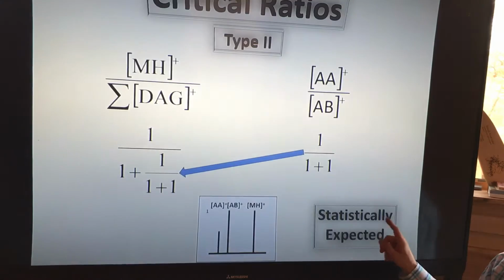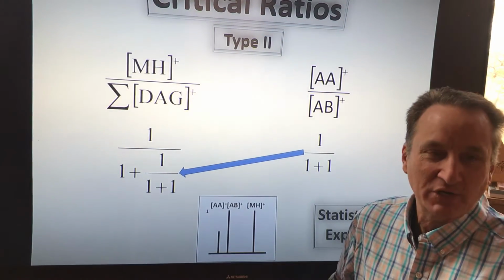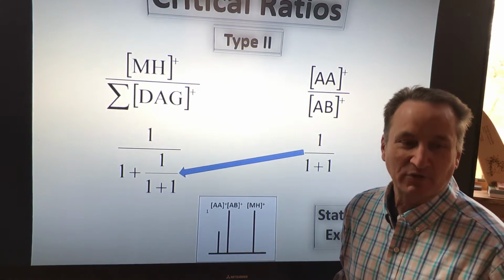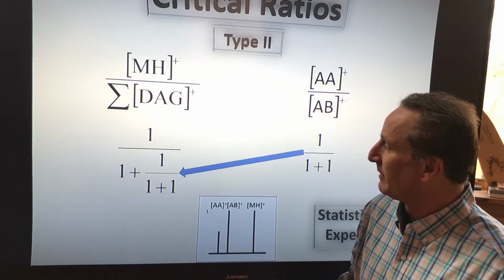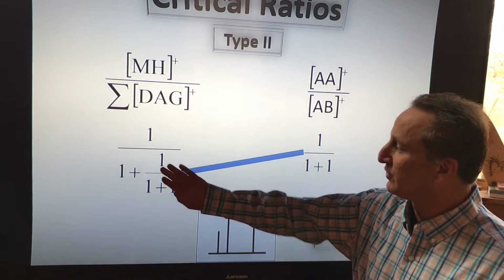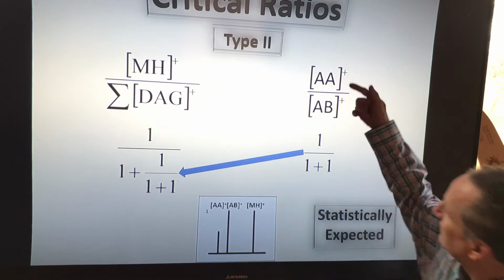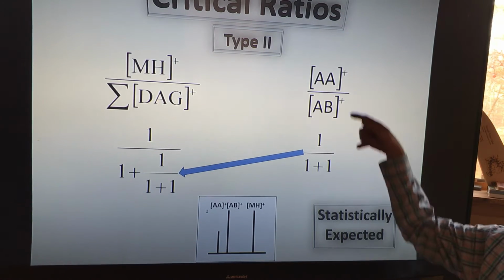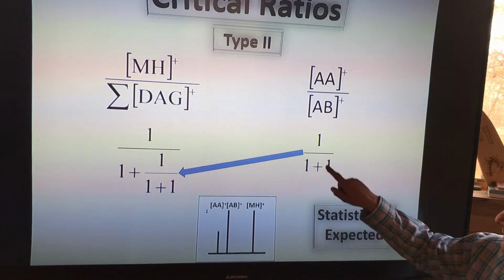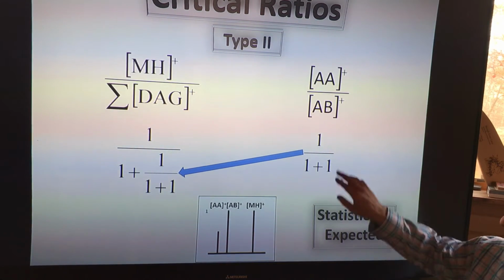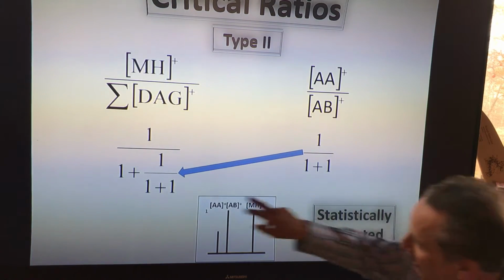All right, so what those equations doing mass spectrometry of DAGs and TAGs told me is that you can substitute in that terminal 1. If you've got this critical ratio of A over B being 1 plus 1/1, take that 1 right there and deconstruct it. Replace it with 1/1 plus 1.